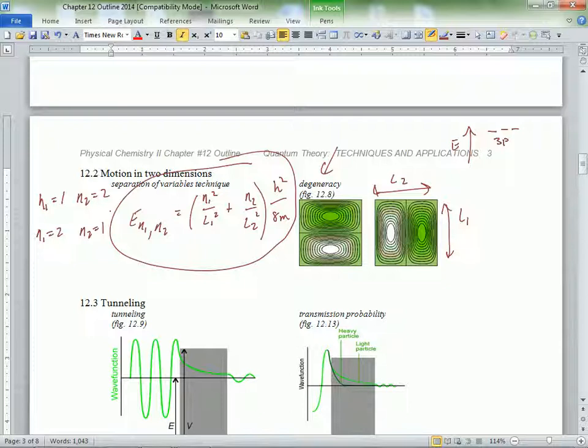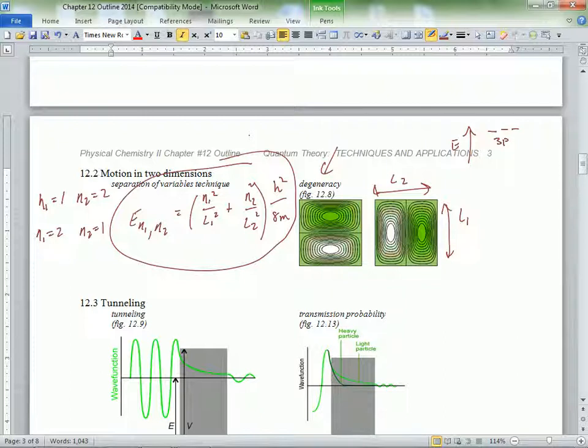So you don't square n2, right? It's just plus n2. Oh, I didn't write a square there. The equation really doesn't matter because I don't think we're going to use it. It's just an idea. All right. So if you had 3 dimensions, you'd have triply degenerate, for a particle in a box. N1 over L1 plus N2 over L2 plus N3 over L3.